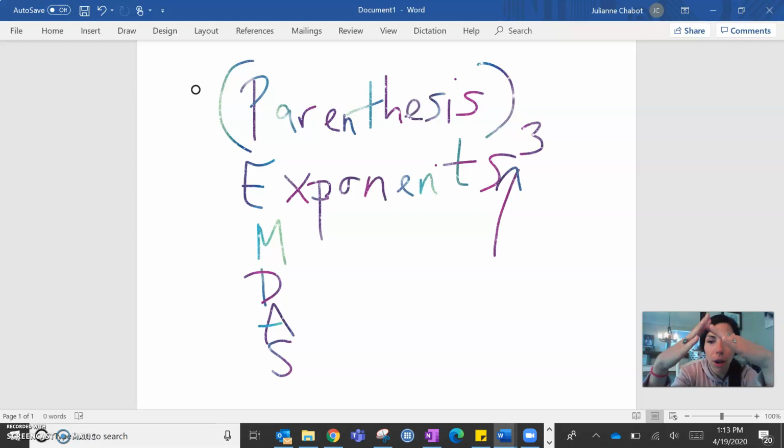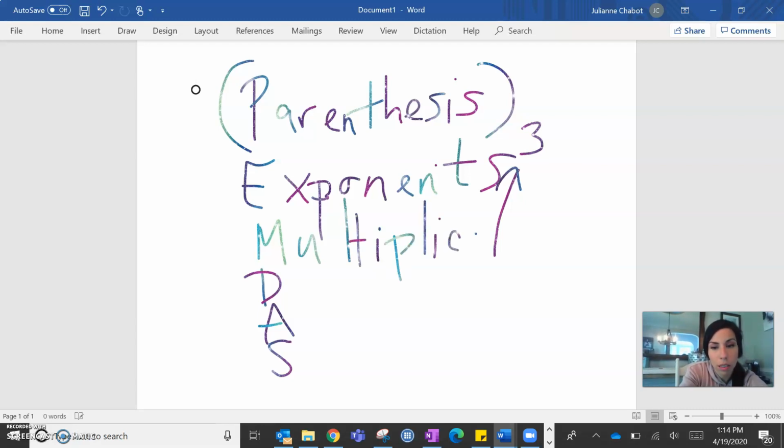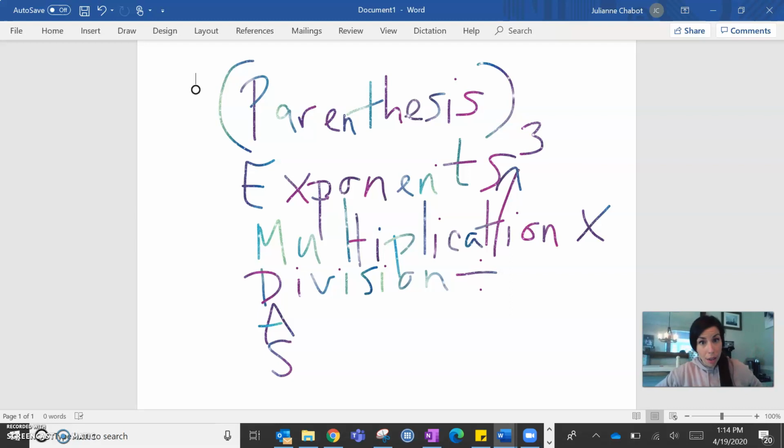All right, so now we're going to look at this M. What does the M stand for? The M stands for multiplication. The D stands for division. I'm sure you can guess what the A and the S stand for.